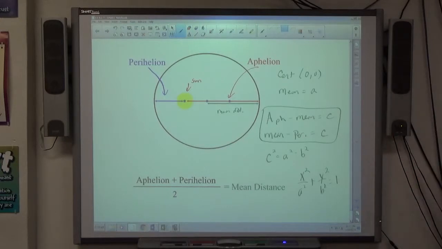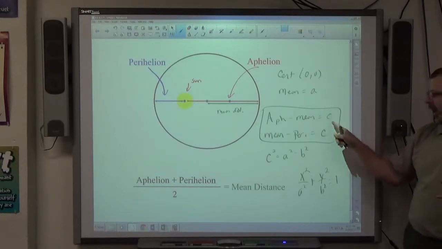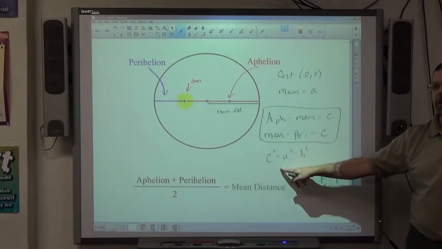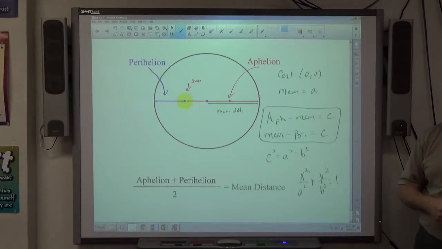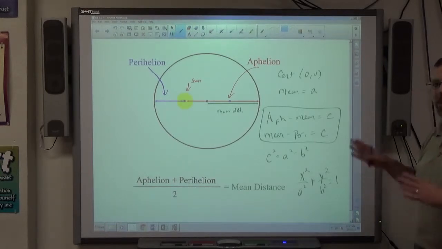The technique: number 1, find the mean distance, A. Number 2, find C. Then use this formula to find B. Once you know A and B, you've got your equation. Pretty straightforward. It seems like it should be much more complicated than that, but that's all it is.